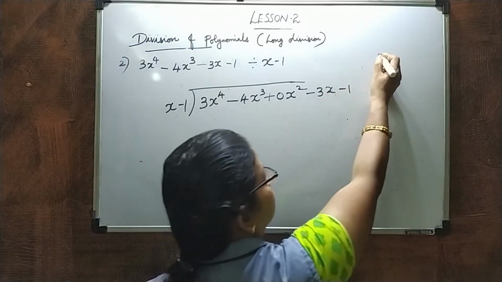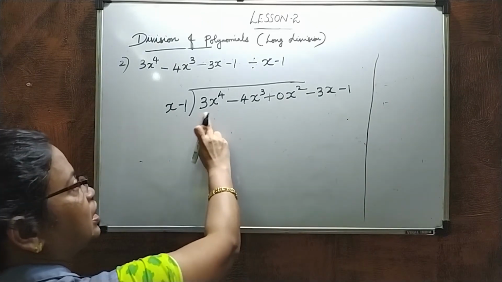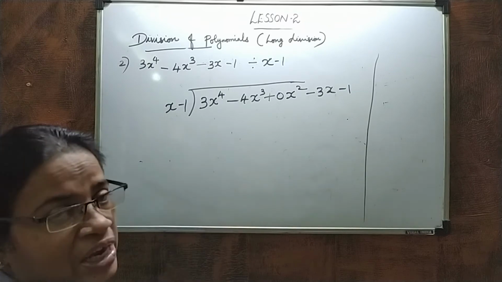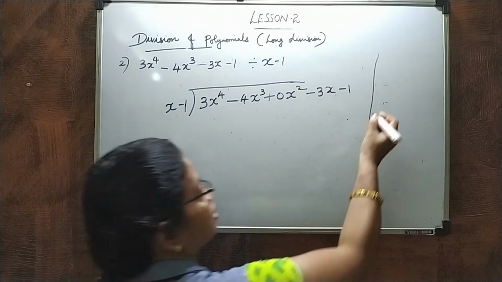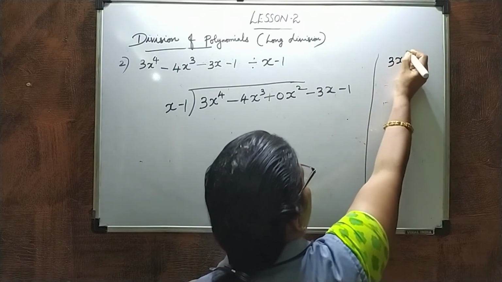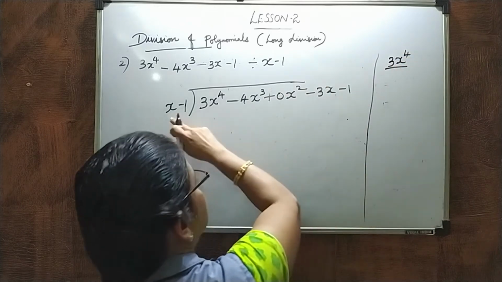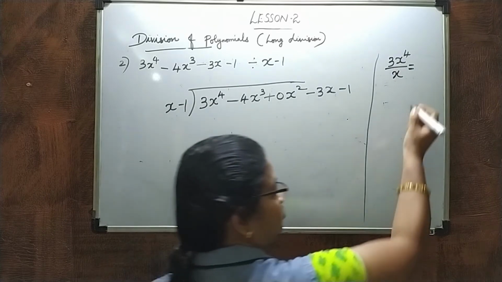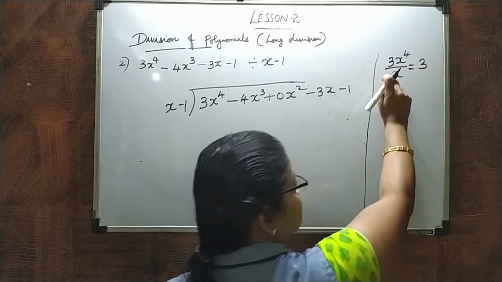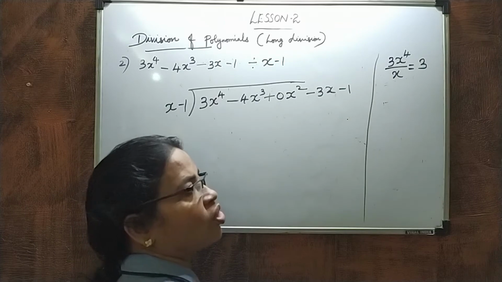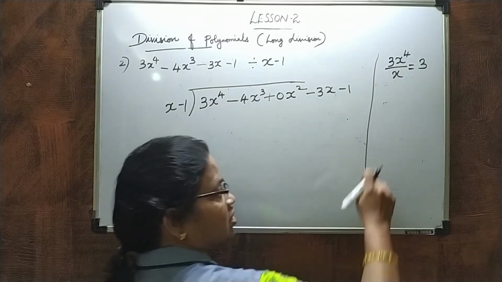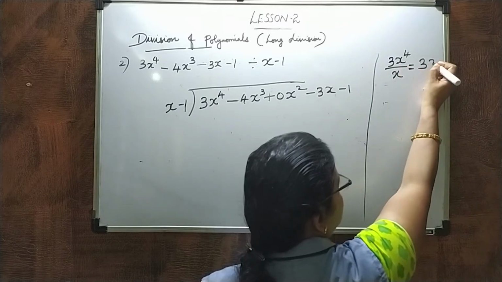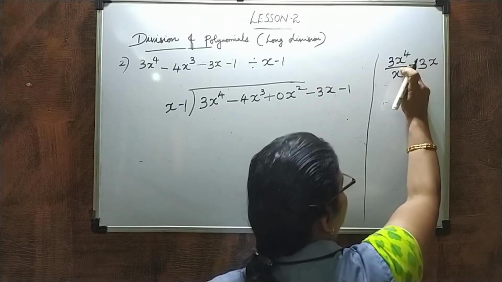First step, first term of the dividend divided by first term of the divisor. So, it is 3x raised to 4 divided by x equals 3 by 1 is 3. x raised to 4 divided by x: a raised to m divided by a raised to n equals a raised to m minus n, 4 minus 1.